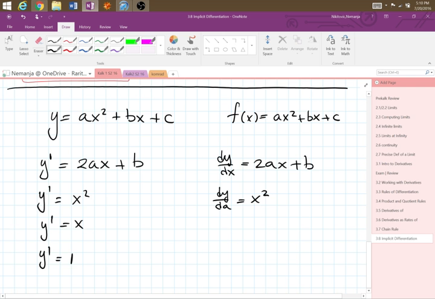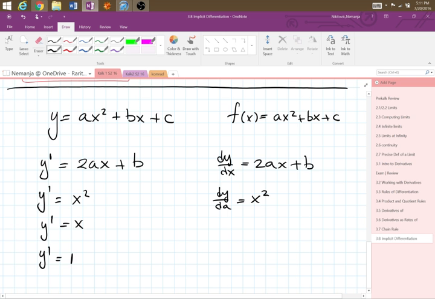By saying dy dA, I am actually spelling out that the derivative was taken in respect to a, which means that a becomes the main variable for the problem. And everything else becomes either a constant or a parameter. That means, if you see dy dA, that x is no longer a variable.